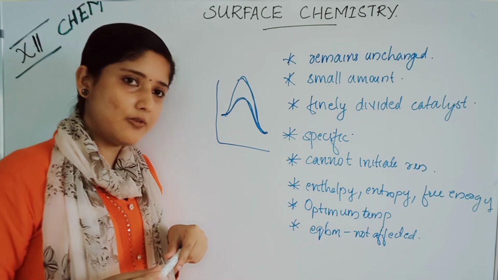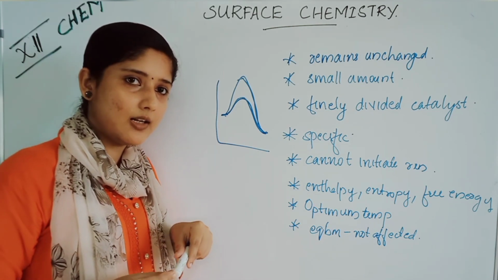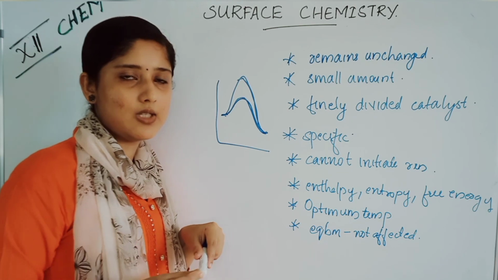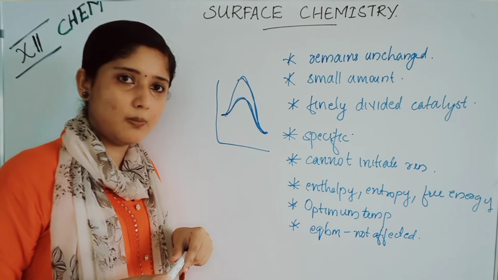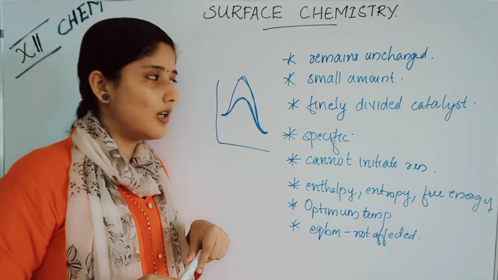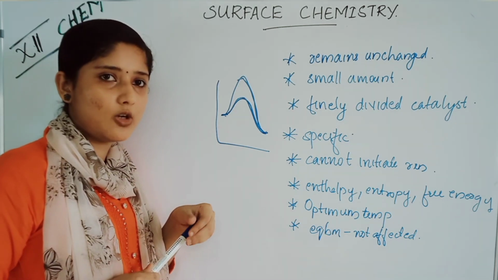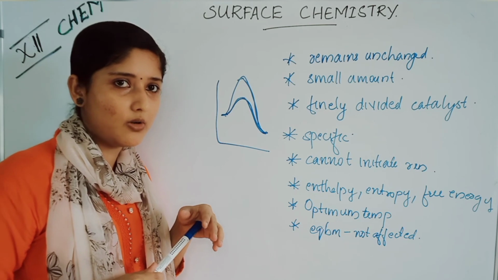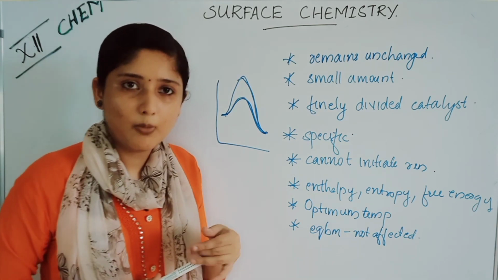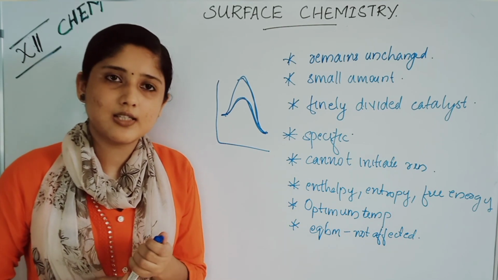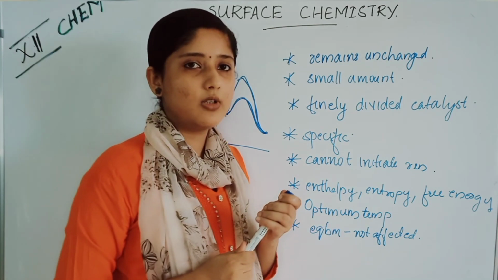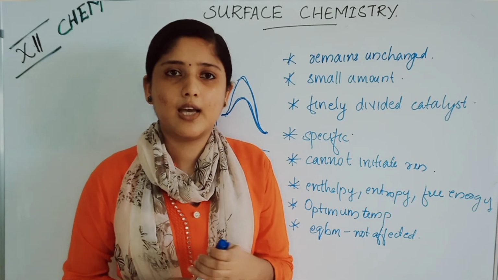Remember both the graphs. At high temperature, the extent of adsorption decreases. Next, we discussed some of the important questions related to adsorption isotherms. It's an important topic. Next, we studied about catalysis, the different classifications of a catalyst, and the characteristics of a catalyst.